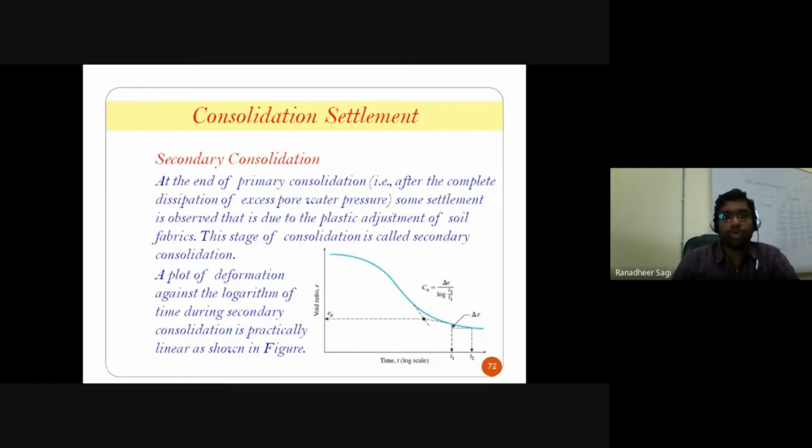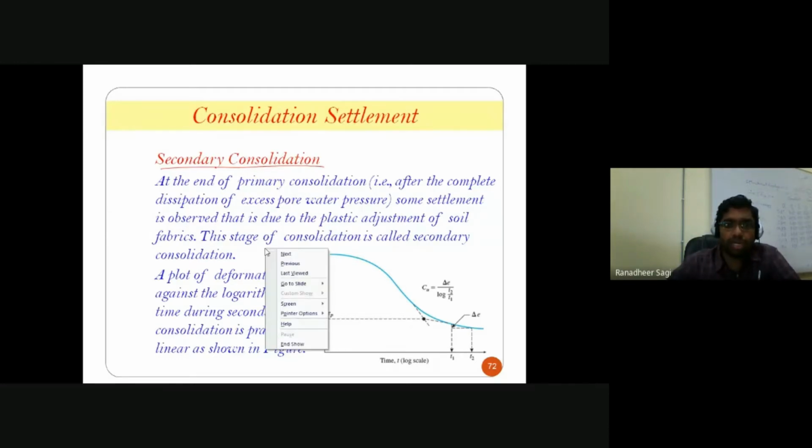Next is how to estimate your secondary consolidation settlement or secondary compression settlement. Okay, so how do we estimate this secondary compression settlement? For estimating it, we are going to be plotting a graph once again, between, instead of settlement, void ratio versus time indicated on a log scale.